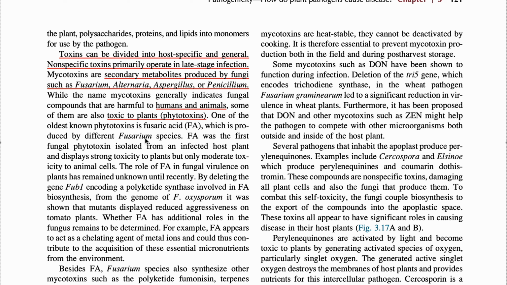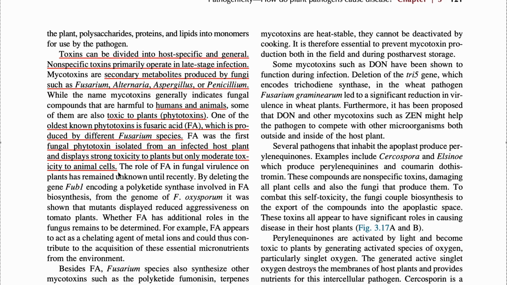So one of the oldest known phytotoxins is fusaric acid, FA, which is produced by Fusarium species. Fusaric acid was the first fungal phytotoxin isolated from an infected host plant and displays strong toxicity to plants but only moderate toxicity to animal cells.